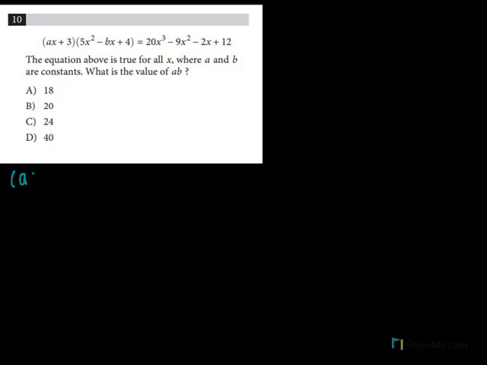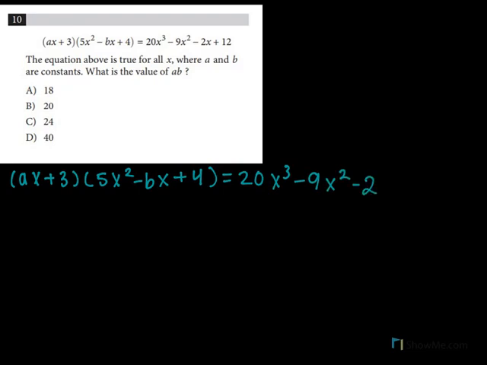So first, let's write out the equation. We have the quantity of ax plus 3 times the quantity of 5x squared minus bx plus 4 equals 20x cubed minus 9x squared minus 2x plus 12. So now we're going to multiply out the left-hand side, and you can use any method you want.